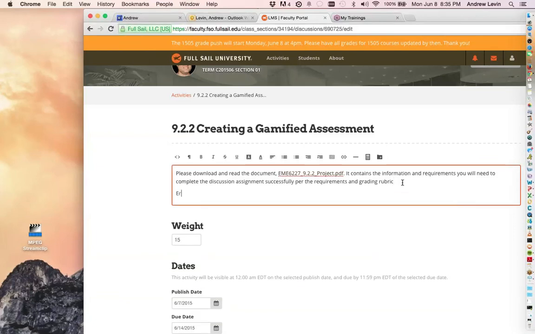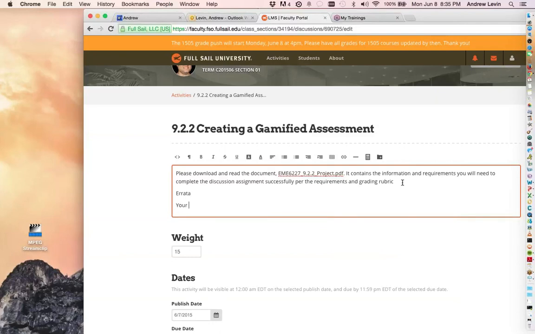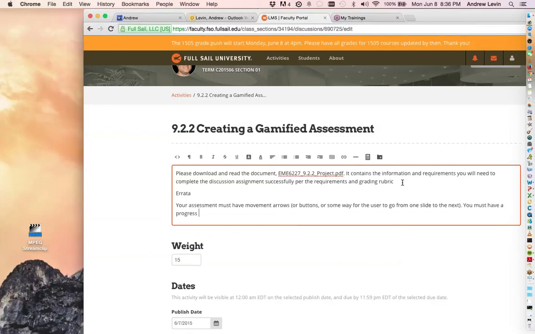Okay, I'm writing it as I speak. Your assessment must have movement arrows or movement buttons or some way for the user to go from one slide to the next. You must have a progress meter.